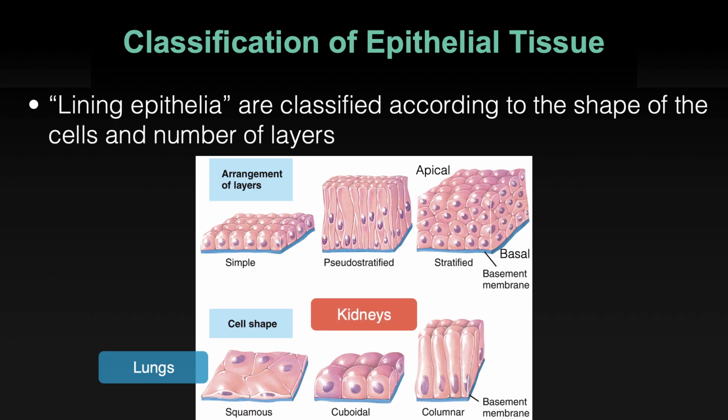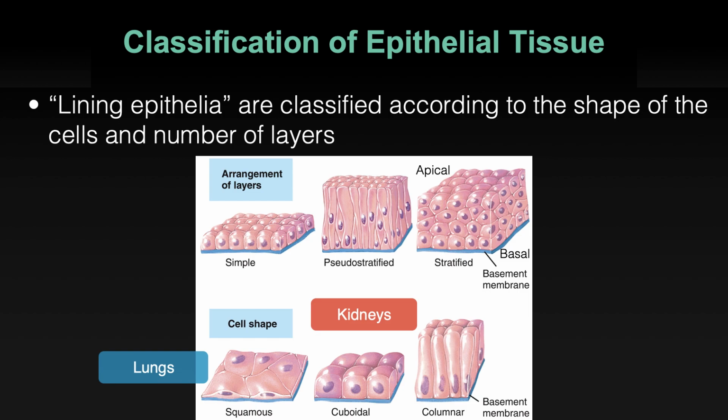Cuboidal is so named because the cells look like cubes. They're square. The larger the cell, the more space there is inside for enzymes, for organelles, for storage and processing.